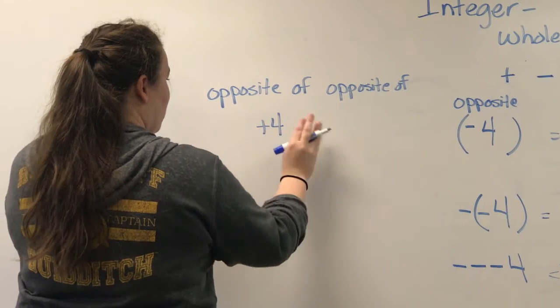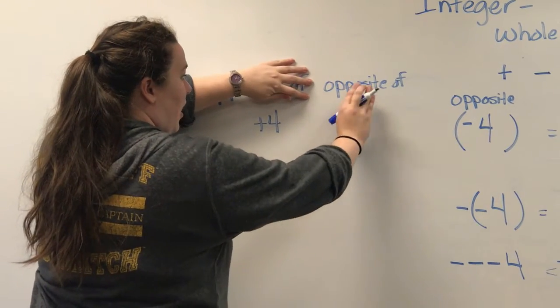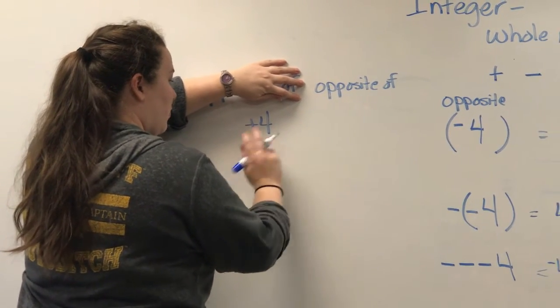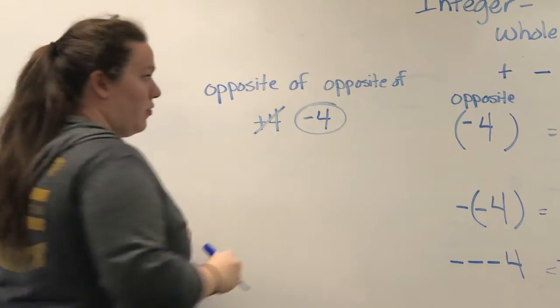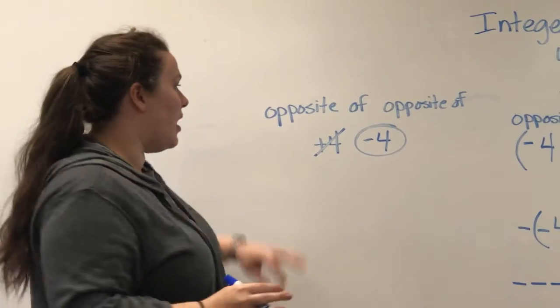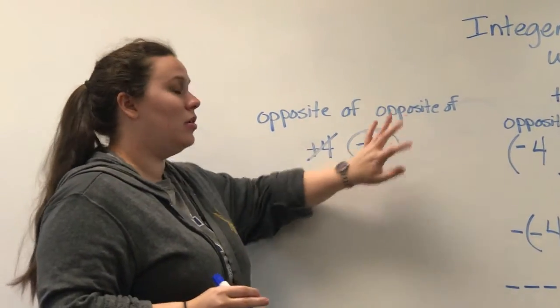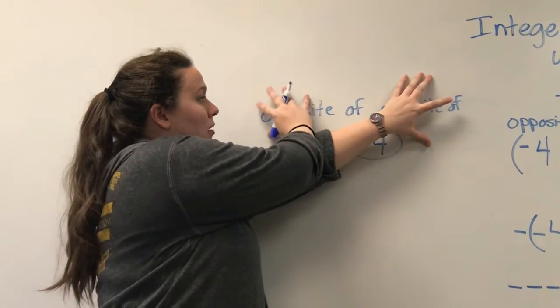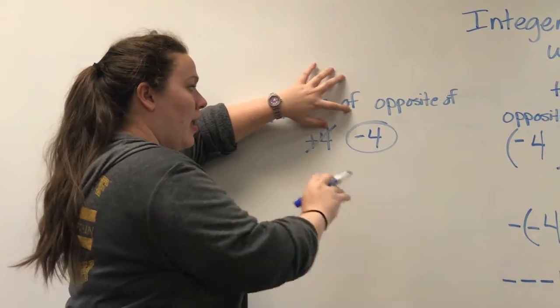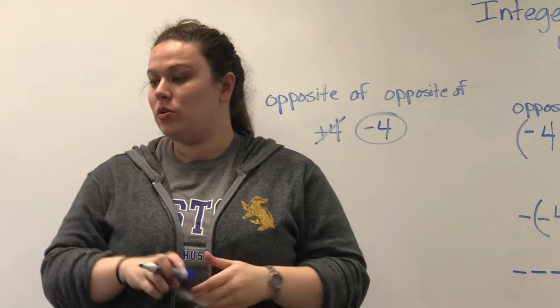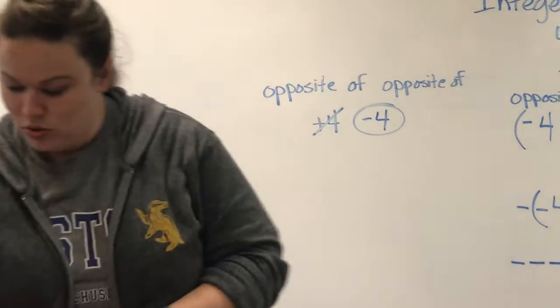Oh, it's a positive 4. And now let's take the opposite of that. Opposite of positive 4. Your final answer will be negative 4. Just take it one step at a time. So if it says opposite of opposite, first do the first half, find your number, then do the second half and find your number.